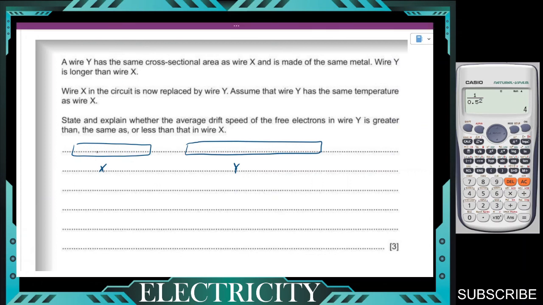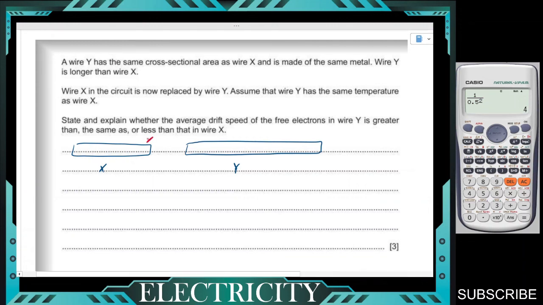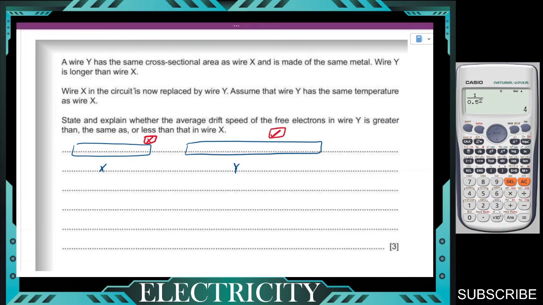So we get rid of the wire X and we connect the wire Y in the circuit. So we get rid of this one and we connect this one. Assume that they have the same temperature, they have the same cross-section area, they are made up of the same metal, means they have the same charge carriers' number density.